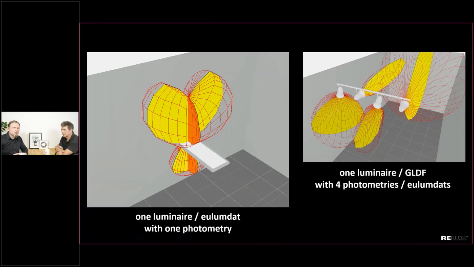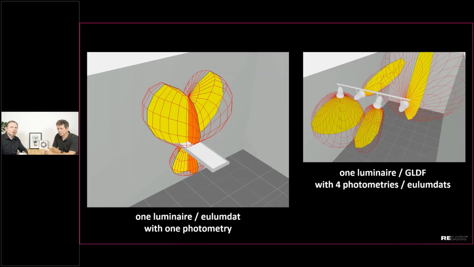So the first really basic thing is to understand that a photometric is not the same as a luminaire. Often you call a luminaire an Oilumdat or vice versa. Send me the Oilumdat file of a luminaire, then you get something. Of course, it's quite closely connected.